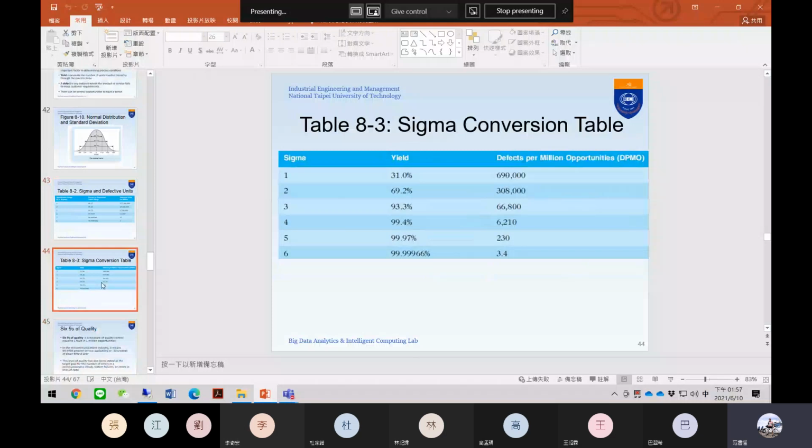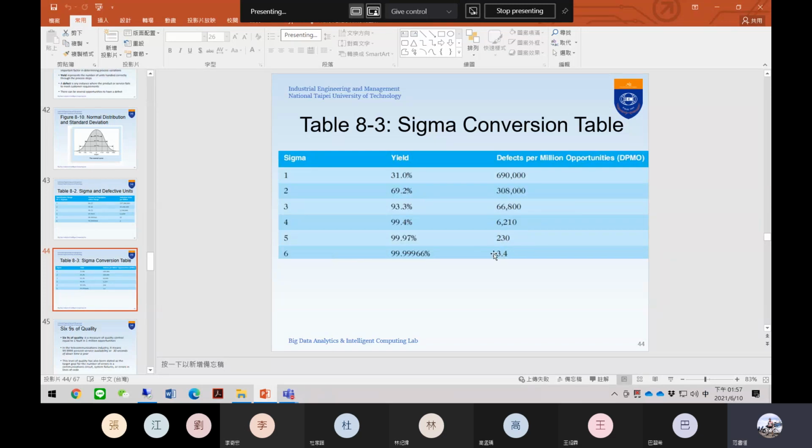Then the sigma conversion table, the defects per million opportunities, DPMO. You can see the 3 sigma is 66,807 DPMO. That means we allow the mean shift.